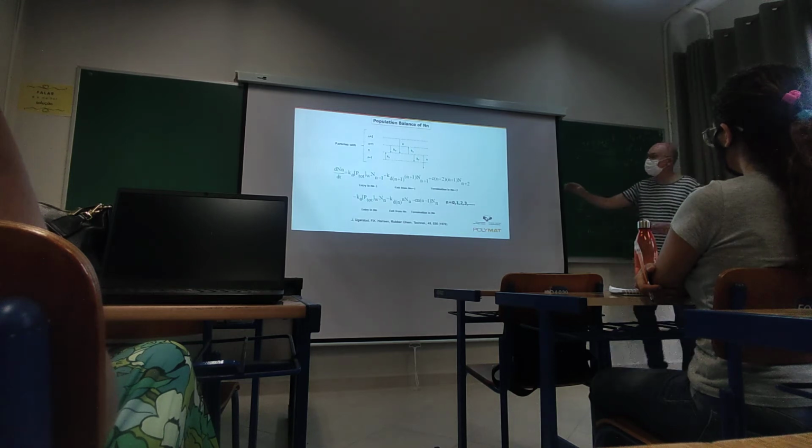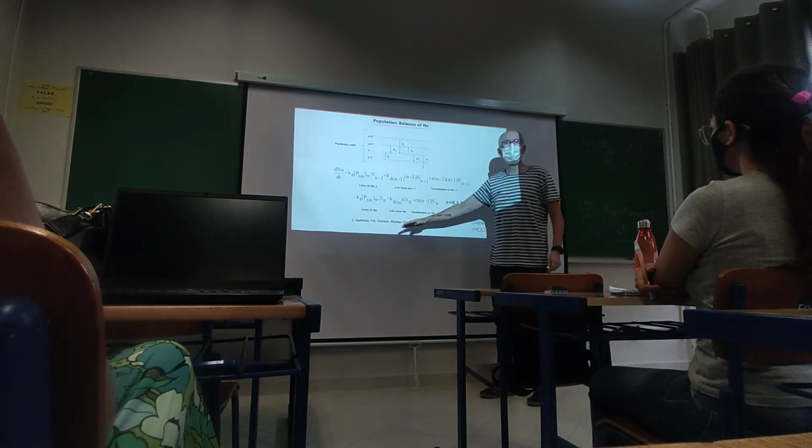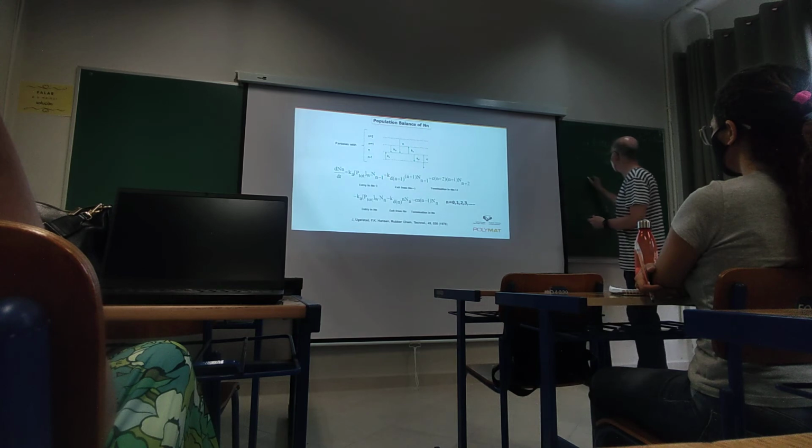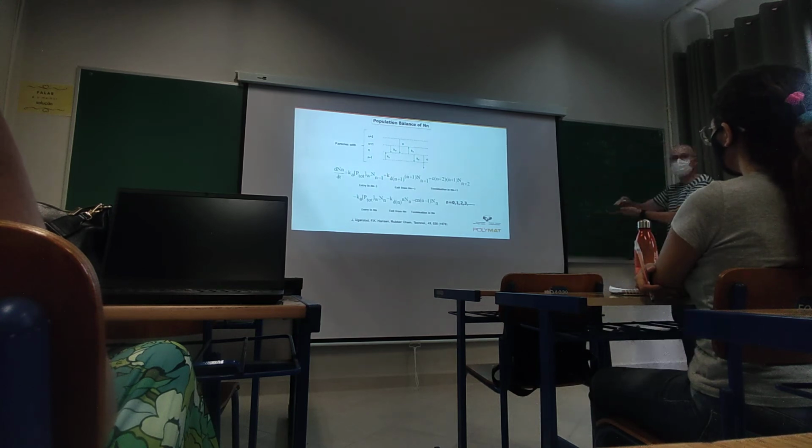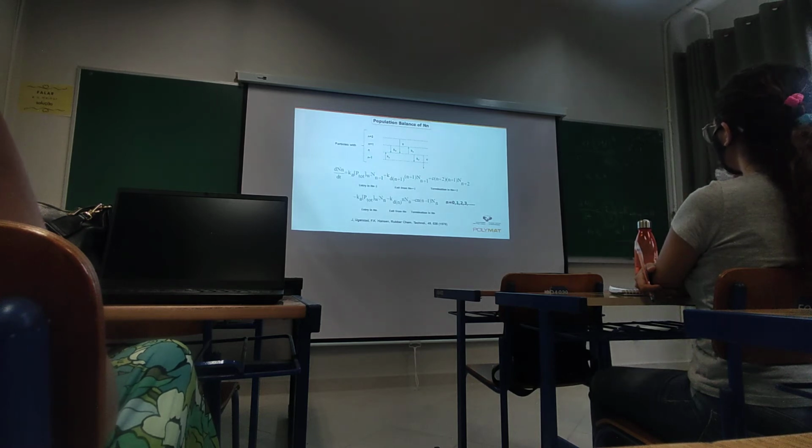So we have to solve a set of these equations to have the values of N0, N1, N2. So we will have a set of algebraic equations to be solved simultaneously to obtain N0, N1, N2, and then from here we can calculate N bar from this equation.